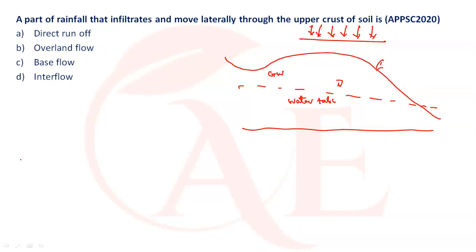Let's say these are trees. This point denotes the influent stream. This is precipitation, and this is the overland flow.